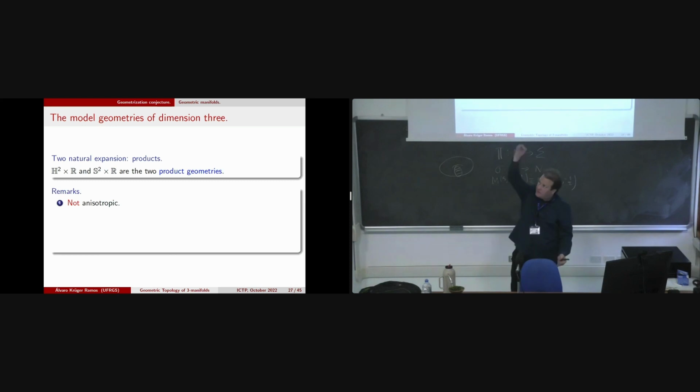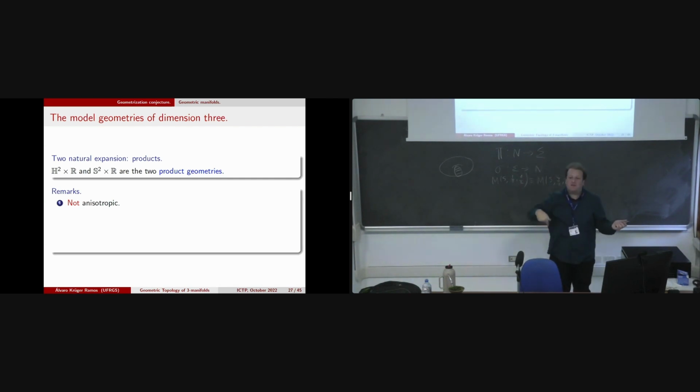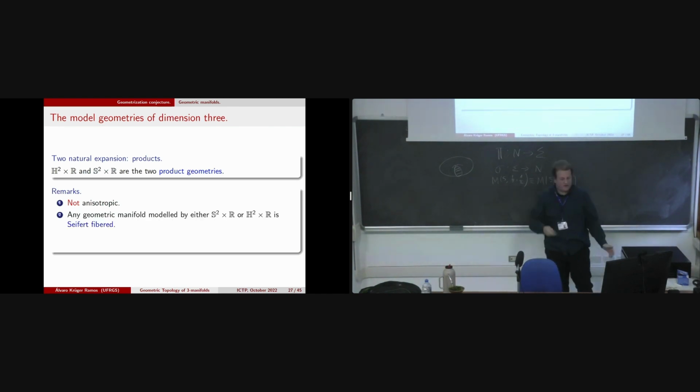You have something to relate. I know that I am going in the R direction. I cannot say if I'm going up or down because they are isometric, but I know that I am in the R direction. Same thing for S2 cross R. Any geometric manifold modeled by one of these two geometries is going to be circle fibered exactly because they are a product.